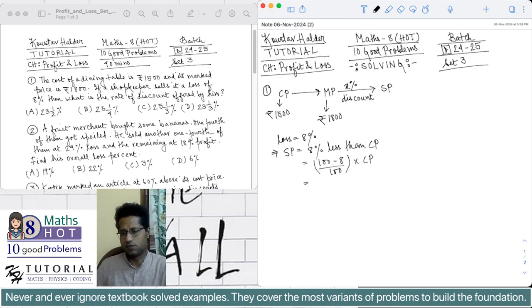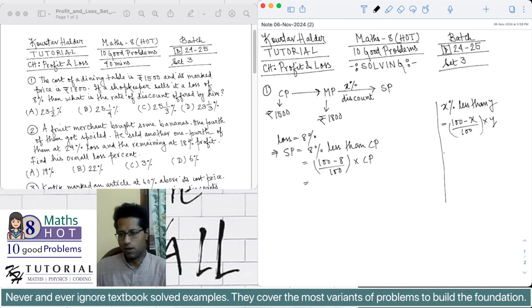Let me tell you, it must be very obvious to you that the amount x% less than y is equal to 100 minus x divided by 100, this whole multiplied by y.